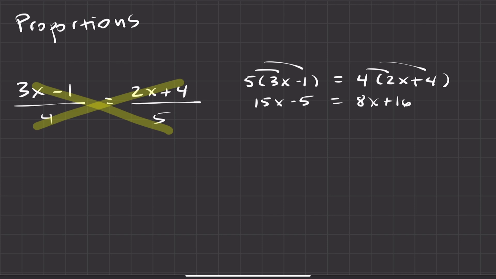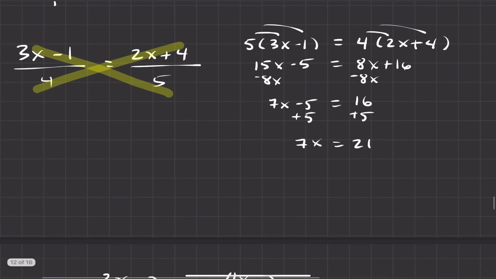So then I'm going to subtract both sides by 8x, so I am left with 7x minus 5 equals 16, so 7x is equal to 21, so x is 3. That's my answer, so x is equal to 3.